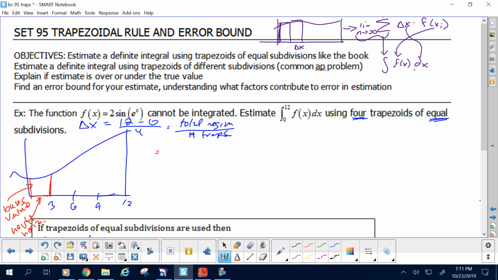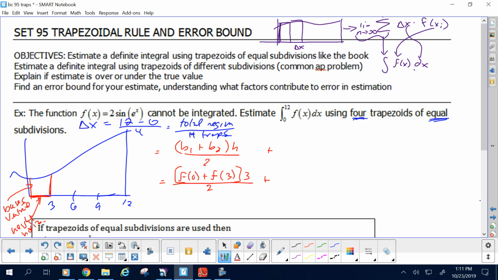All right. So can we say then that the first trapezoid is, we know it's base 1 plus base 2 times height divided by 2. And what is base 1? F at 0. And what's base 2? F at 3. What's the height? 3 divided by 2. Remember, the height is the horizontal axis distance. Cool? All right, the second one, I'm not going to write the formula every time.